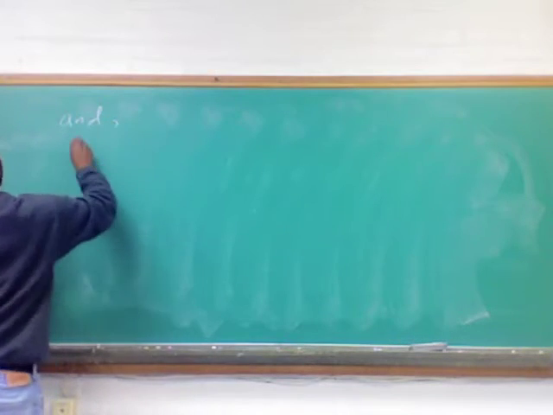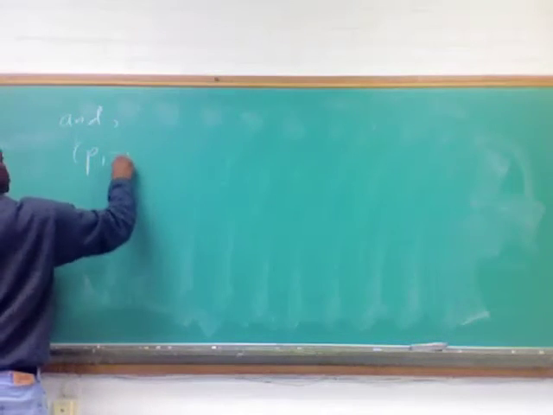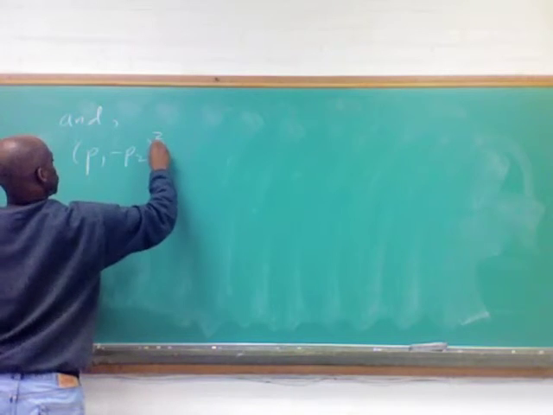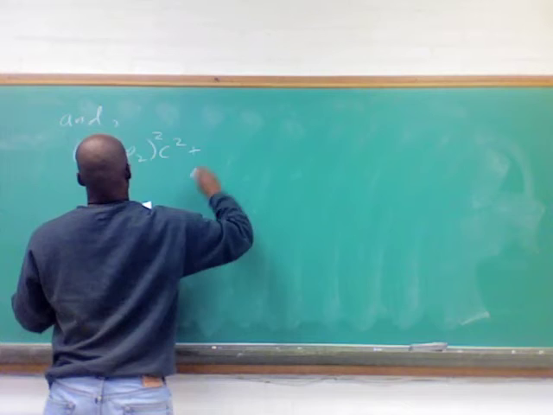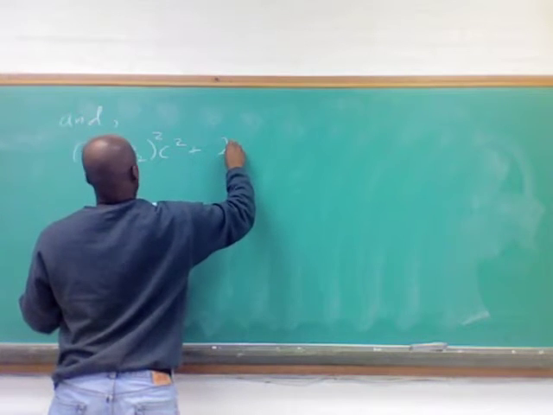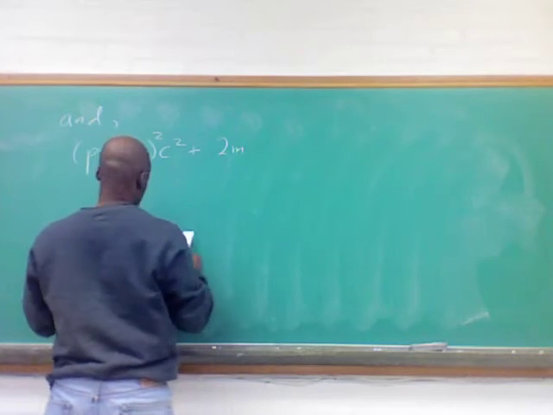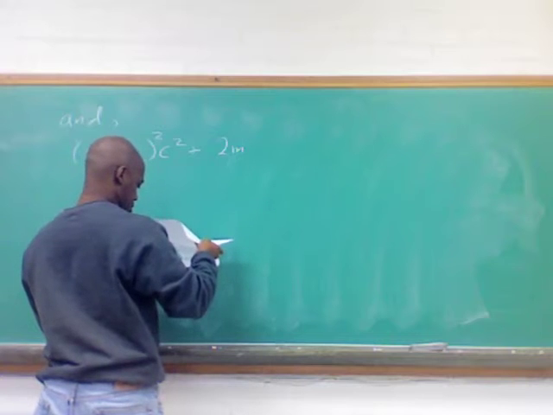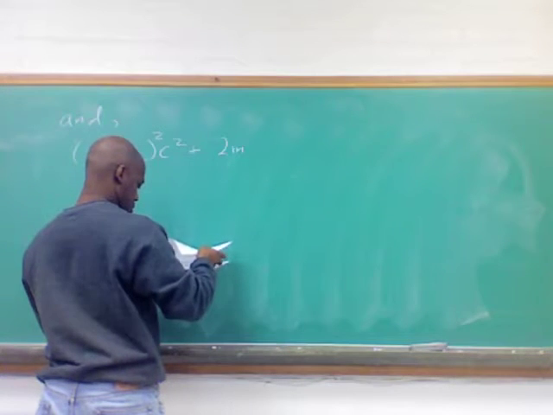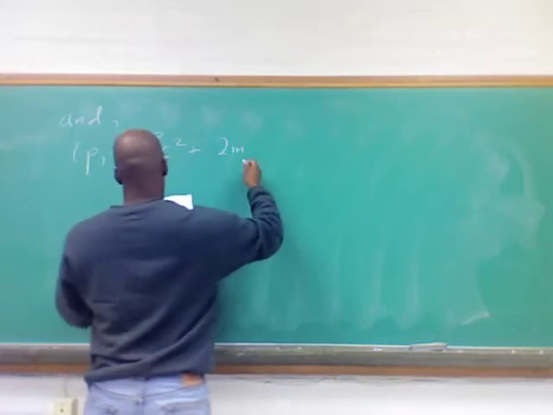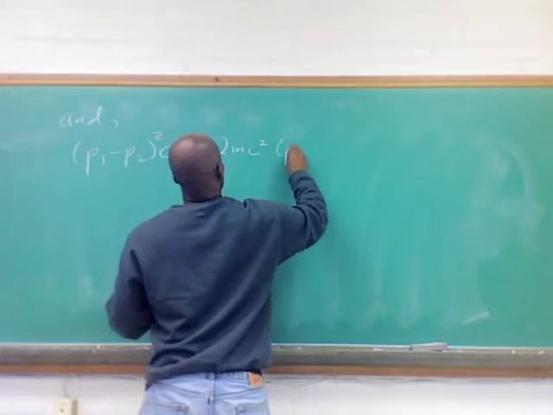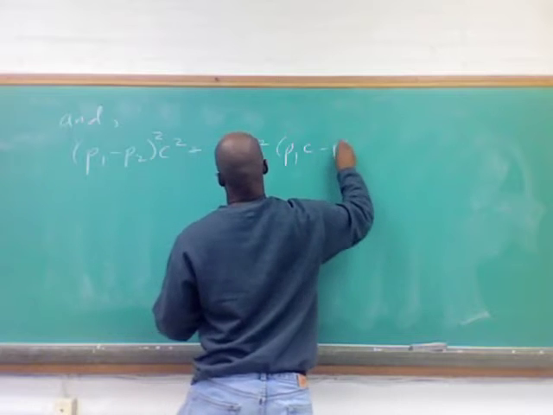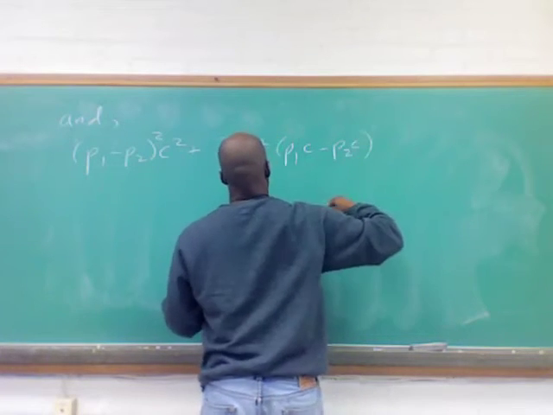And then we got (P1 minus P2) squared C squared plus 2 MC squared P1C plus P2C.